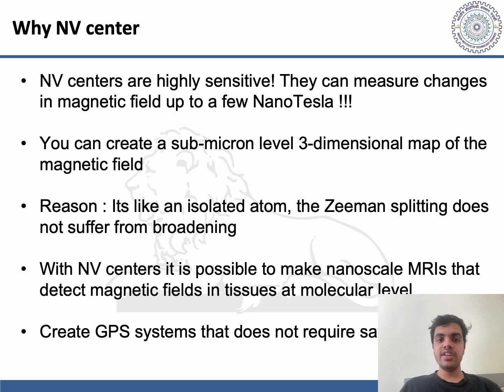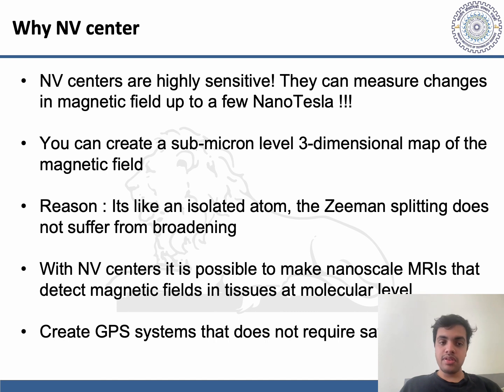So why are we talking about NV centers, and why are we excited about them? The thing is that NV centers are highly sensitive to magnetic field. This is because this is happening at the most fundamental scale, that is the electronic spin. They can measure changes in magnetic fields up to a few nanoteslas, which is not possible with current technologies. Nanotesla is a very, very small quantity.